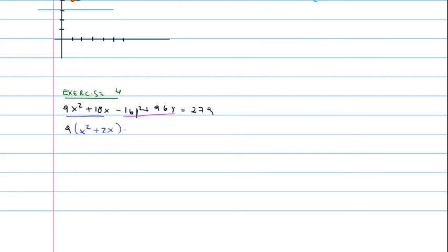From these two other terms, I'm going to take common factor 16, leaving us with y squared minus 6y. And this all equals to 279. Now I'm going to try and form binomials with these two terms. So for this, on this term I'm going to add plus 1.